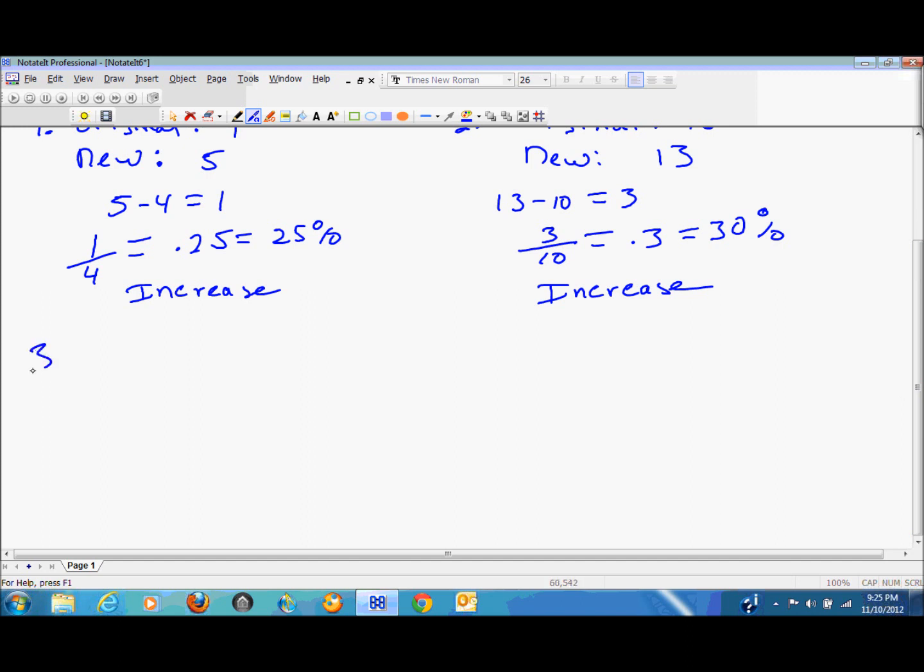So let's take a look at problem 3, and problem 3 has the original at 15 and the new at 12.